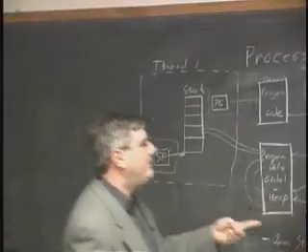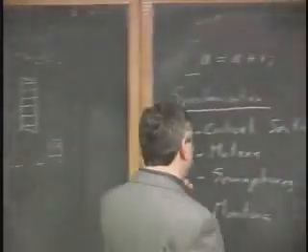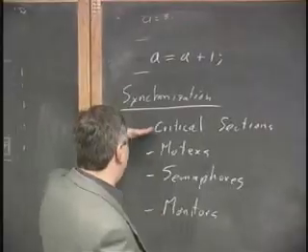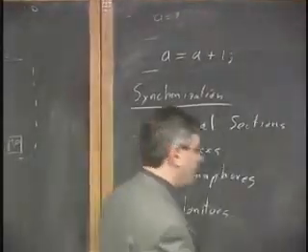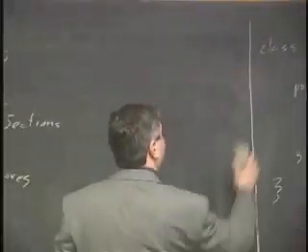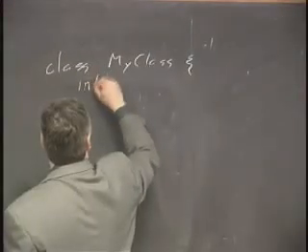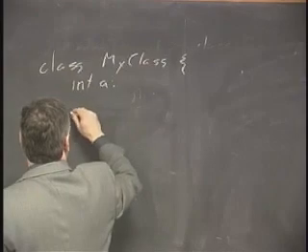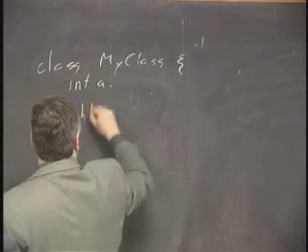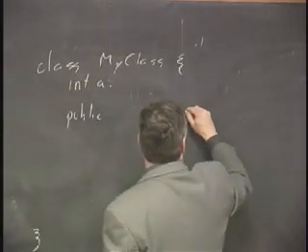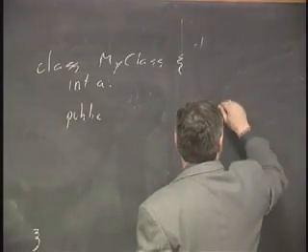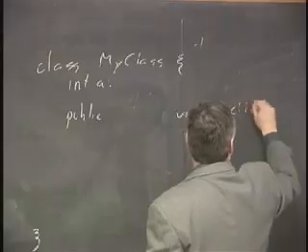Okay. So let's talk about how to do this in Java. Java really doesn't directly implement these. It has a mechanism. I'm going to erase this. Say we have a class with our variable A and a public void increment method.